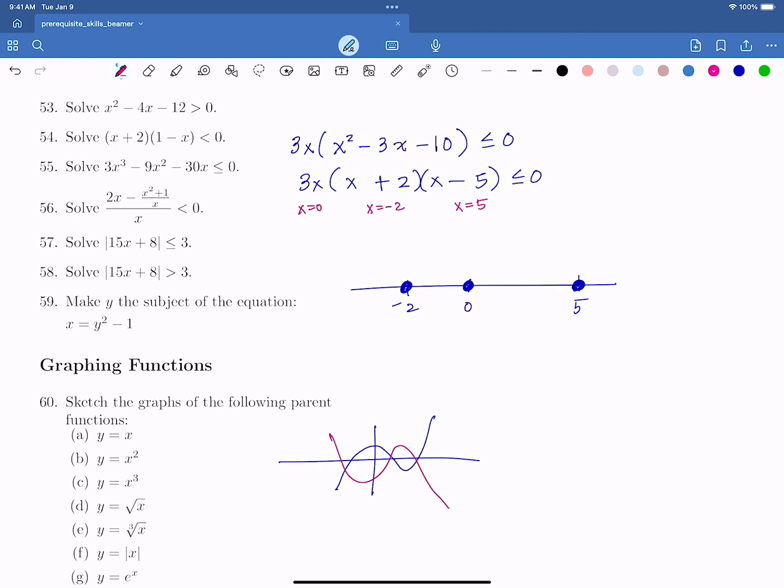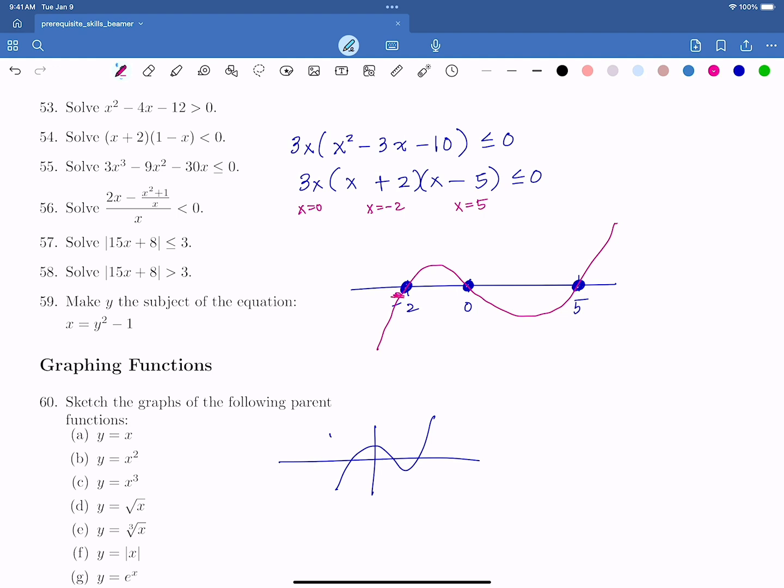Let's think about the leading term. The leading term is 3x cubed, which has a positive coefficient. So it's like this. This is a cubic with a positive leading coefficient, and this is a cubic with a negative leading coefficient. I don't know exactly what the graph looks like, but I know it's going to do this. I want to know where this is less than or equal to 0.